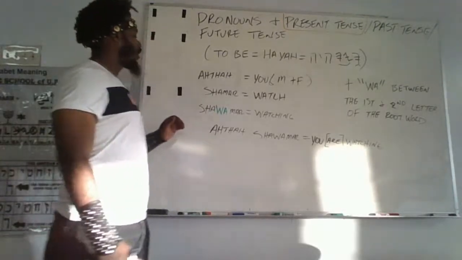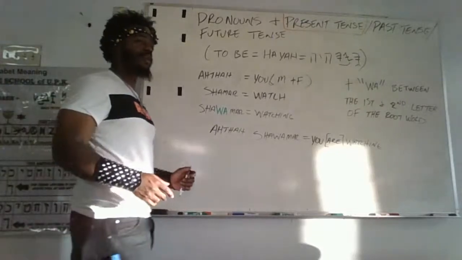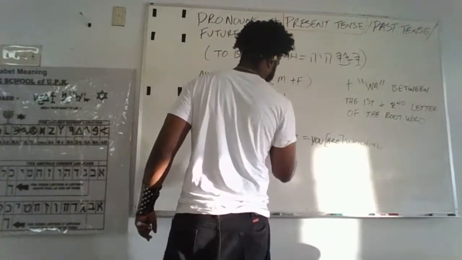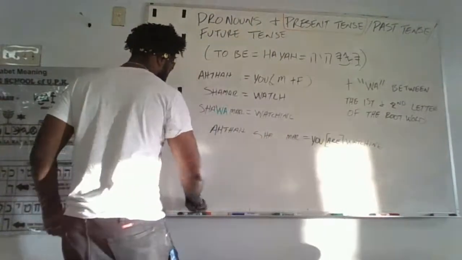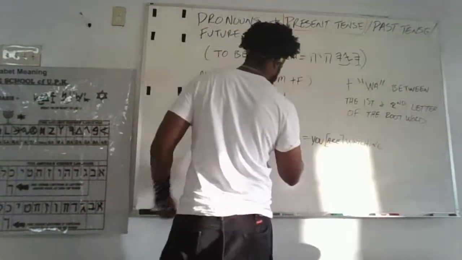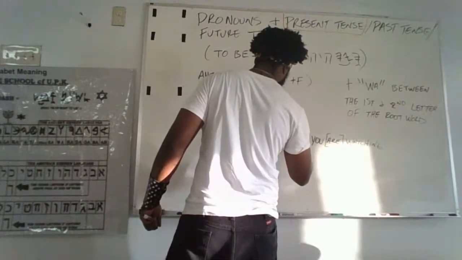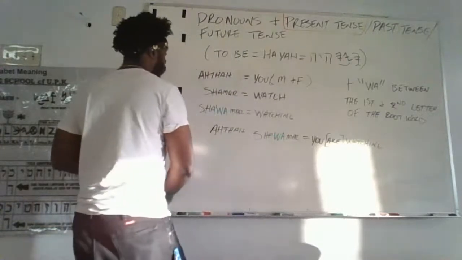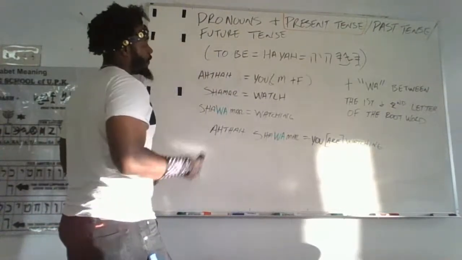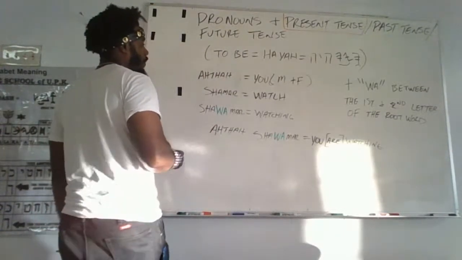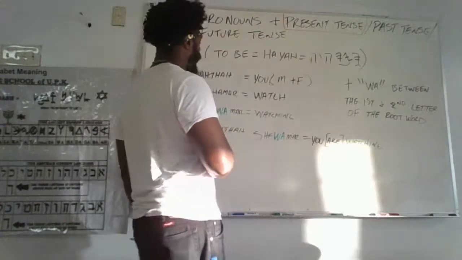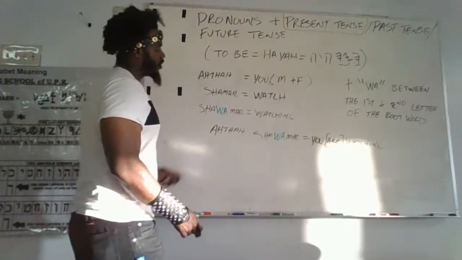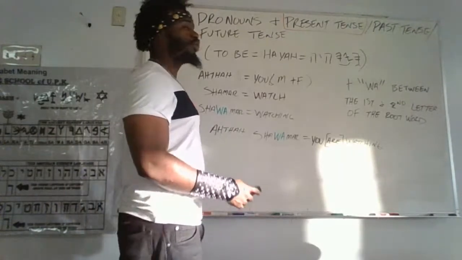Shema! So that's Atha. Atha means you. And the rule is to add the wa between the first and the second letter to make it present tense. So, Atha shawamar is you are watching.